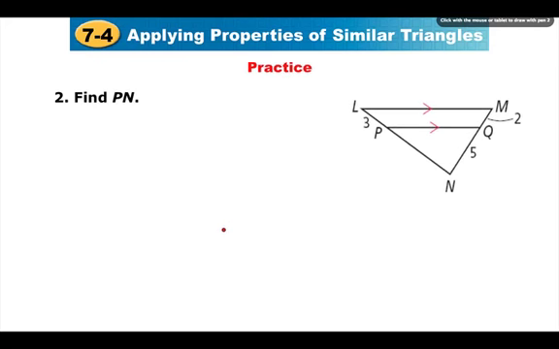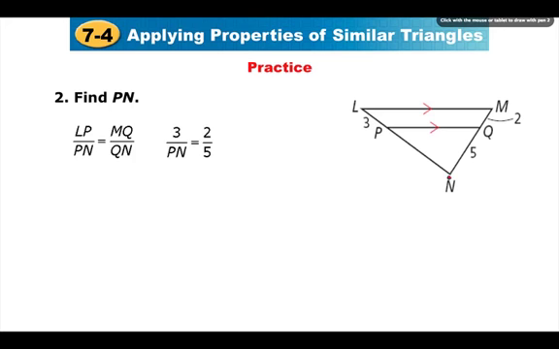It says find PN. So they're talking about this. I use the theorem that you saw at the beginning. I have LP over PN is equal to MQ over QN.